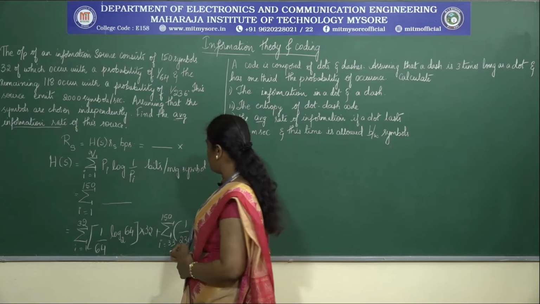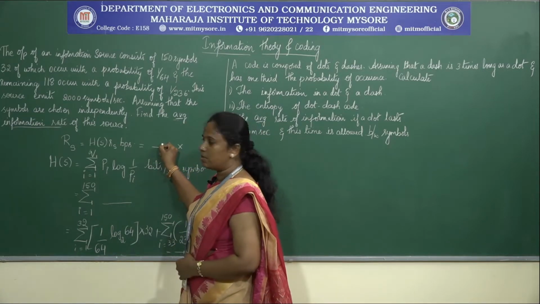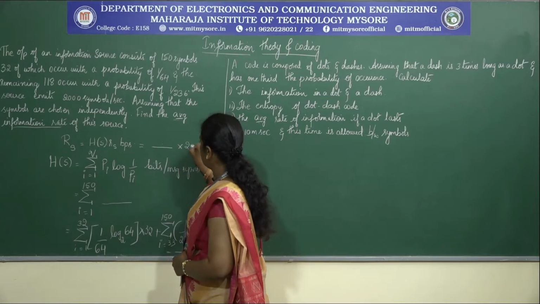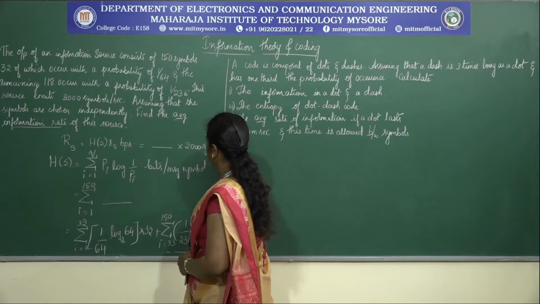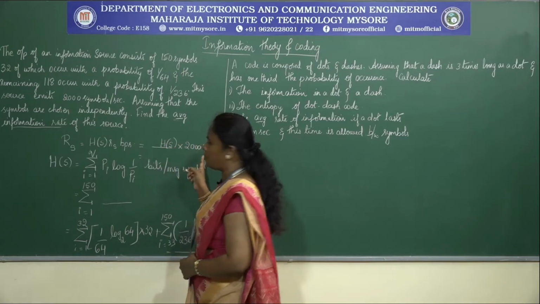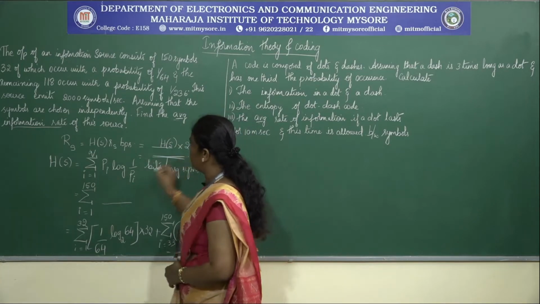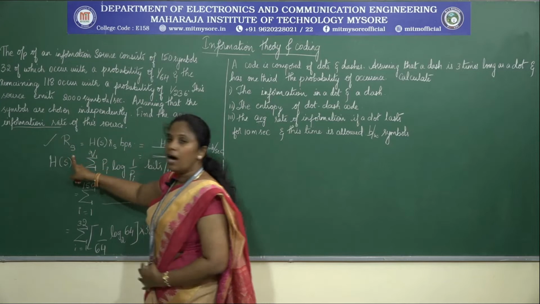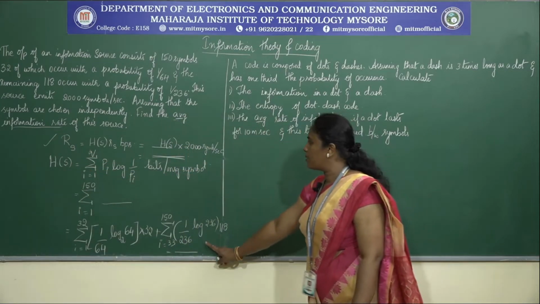So the H of S value you calculated, multiplied by 2000 symbols per second, gives the average information rate. This is the solution for this particular problem.